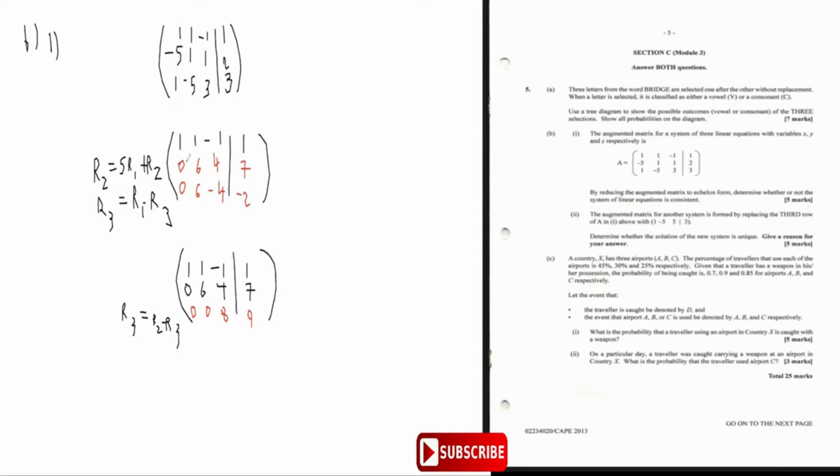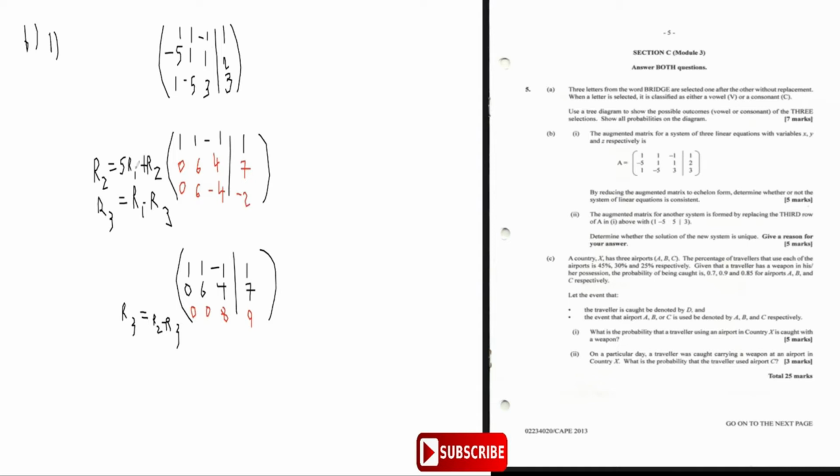5 of this plus this is 0. 5 plus 1 is 6. 5 row 1 is minus 5. Minus 5 plus 1 is minus 4. We made a mistake.